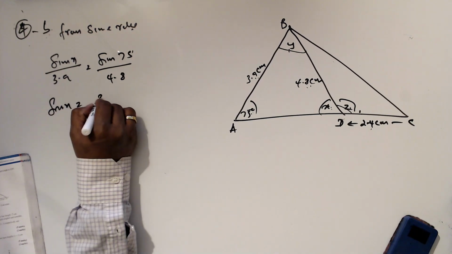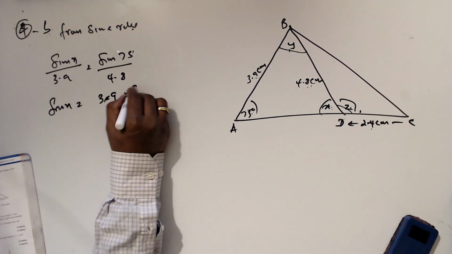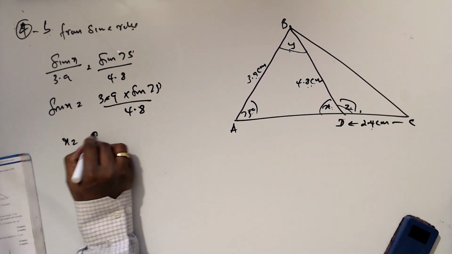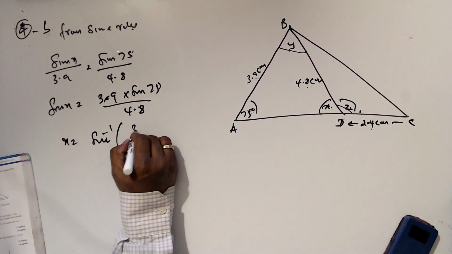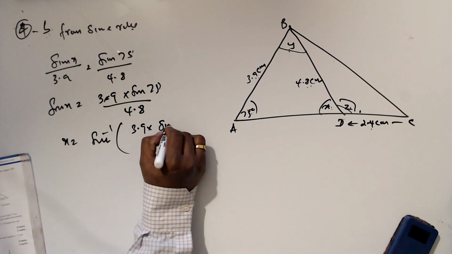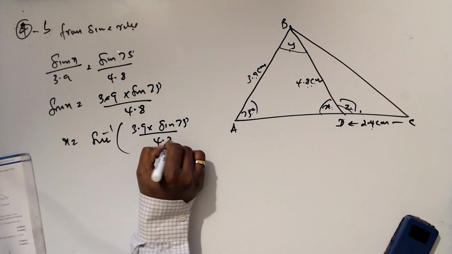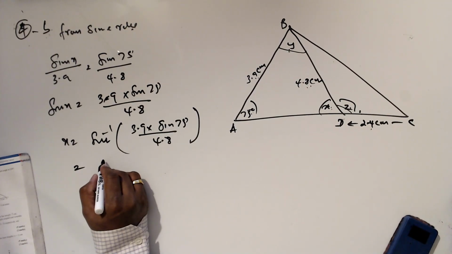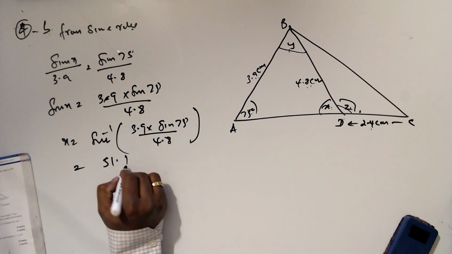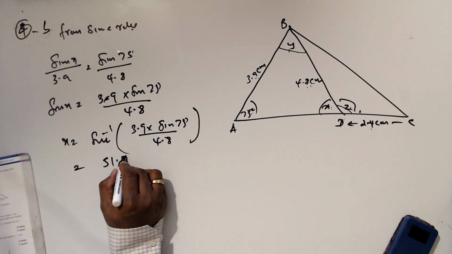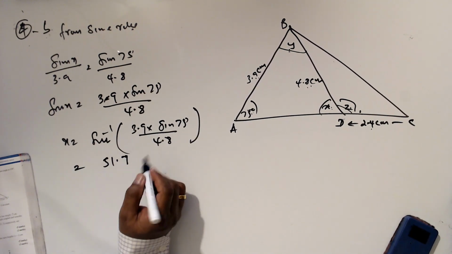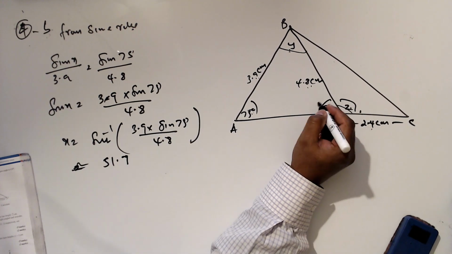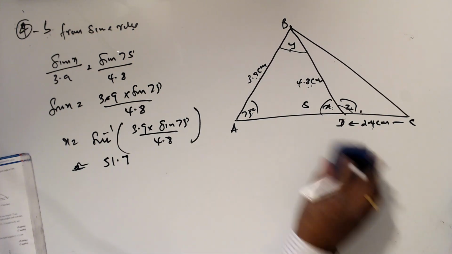Sine X equals 3.9 times sine 75 over 4.8. X equals sine inverse of 3.9 times sine 75 over 4.8. So the answer is going to be approximately 51.7. So this is 51.7.